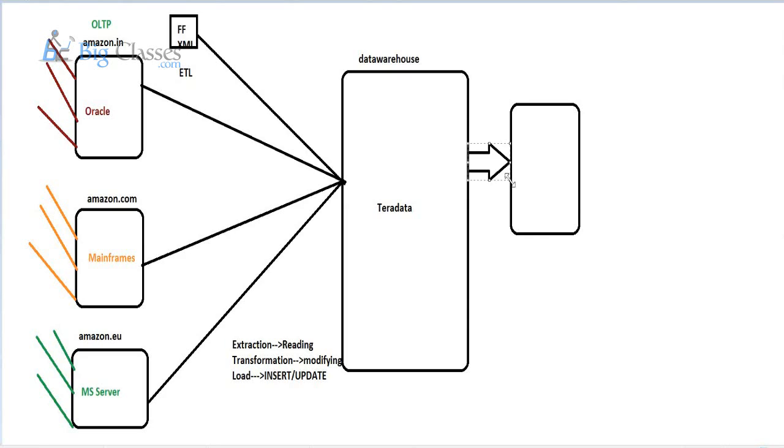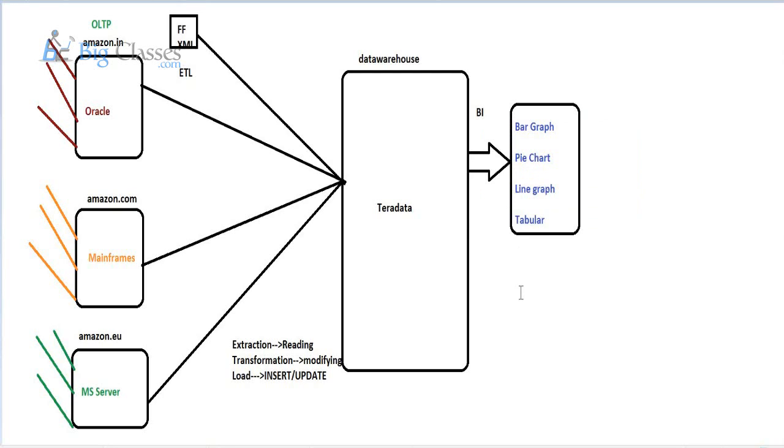All these tools read the data from your data warehouse and represent it in beautiful visualization charts, like a bar graph, a pie chart, a line graph, or a tabular format. Whichever is easier for a business user to understand, in that format we will represent the data.